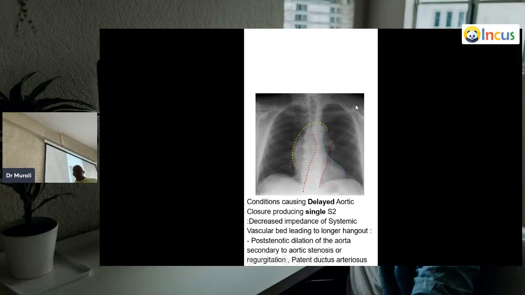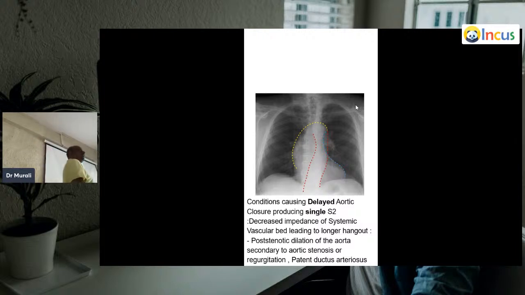So what happens in patent ductus arteriosus? A patent ductus arteriosus connects the aorta with the pulmonary trunk. So from the pulmonary trunk, what is happening to the blood? From the pulmonary artery it goes to the lung, to the pulmonary vein, and from the pulmonary vein it comes back to the left atrium and quickly back to the left ventricle.